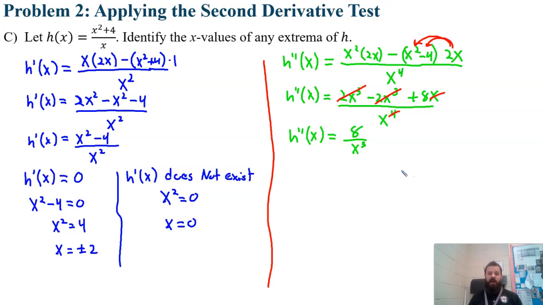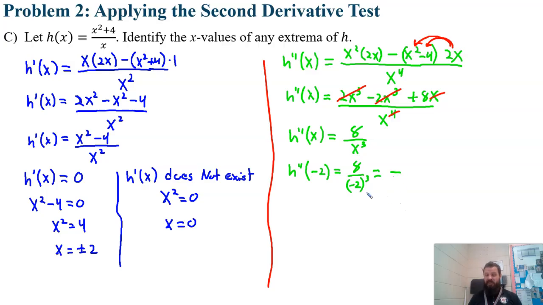Now what I want to do is plug my critical points into that. And again, this will be, I'd say, definitely simpler plugging things in here as opposed to checking signs for intervals with this guy. So we'll look at h double prime of negative 2. That's just going to be equal to 8 over a negative 2 to the 3rd. Again, I don't actually need the value. I just need to know if it's positive or negative.